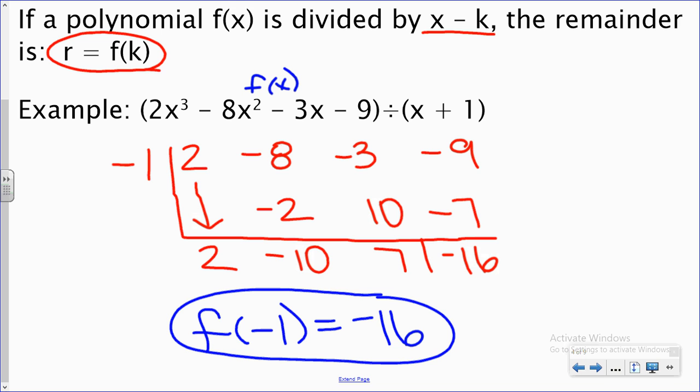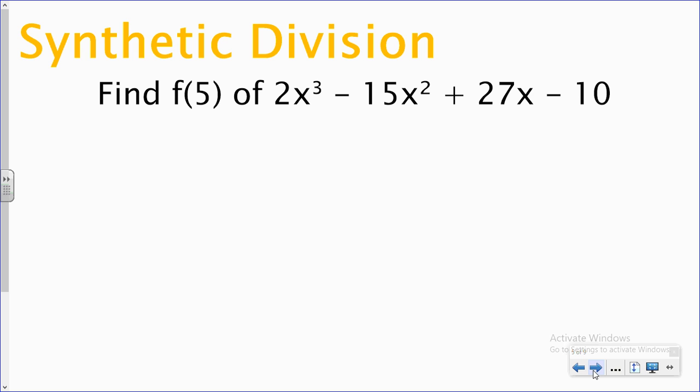Now some of you are like, why would I ever use synthetic division to give me a function value? Let's say you don't have your calculator. Possible? Possible. Especially on the chapter 2 test. Yeah, you have to use a calculator. And I ask you for the function value at 5. You really want to plug in 5 to 2x cubed minus 15x squared plus 27x minus 10 and do that by hand without a calculator? Just 25 cubed.